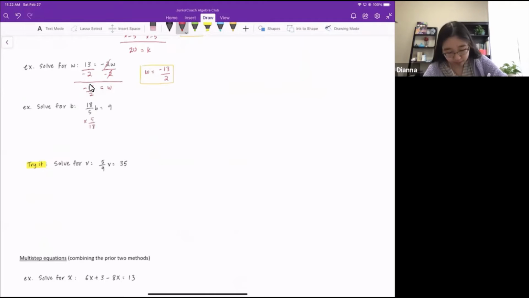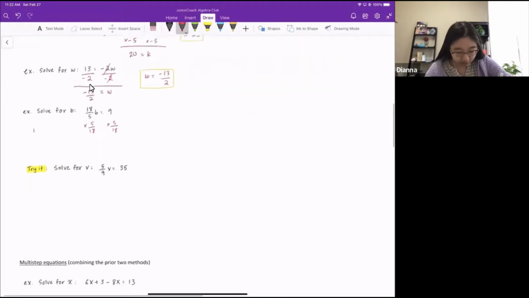I'll do it both ways. It's all up to your own personal preference, honestly. So times 5/18, right? Because 18/5 times 5/18, I can cancel out both of these, no problem. If I'm multiplying or dividing, I can cancel out the numbers. So this equals 1. We want a 1 in front of our B, so this is perfectly fine.